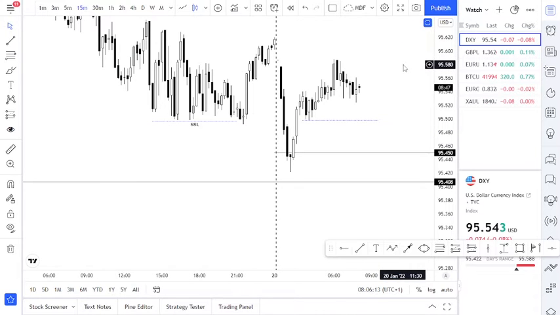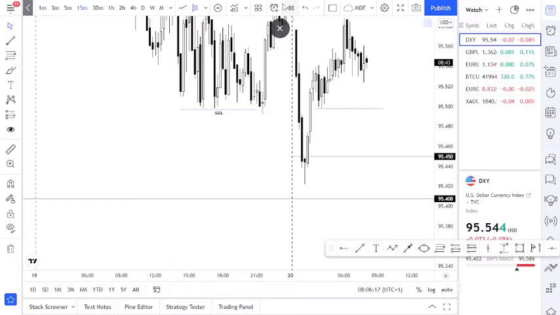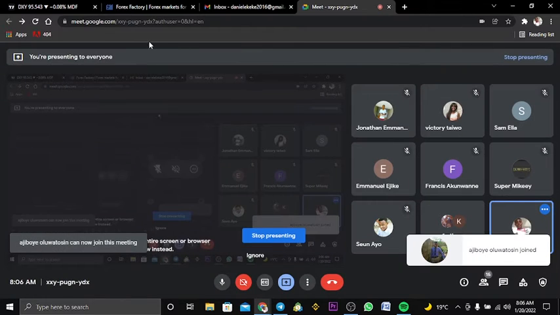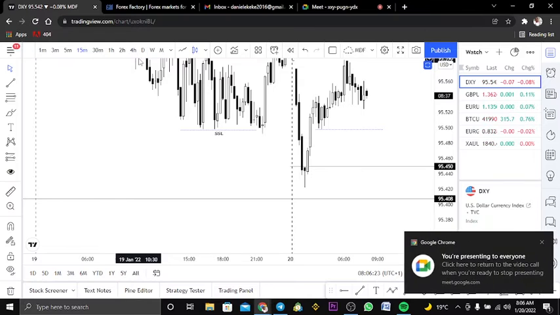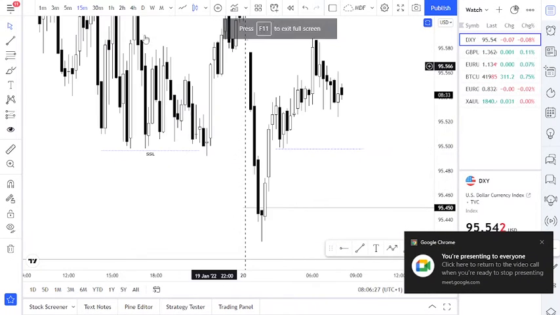If they come down to clear this liquidity, then I will be using this as another block, a region where I should buy from.